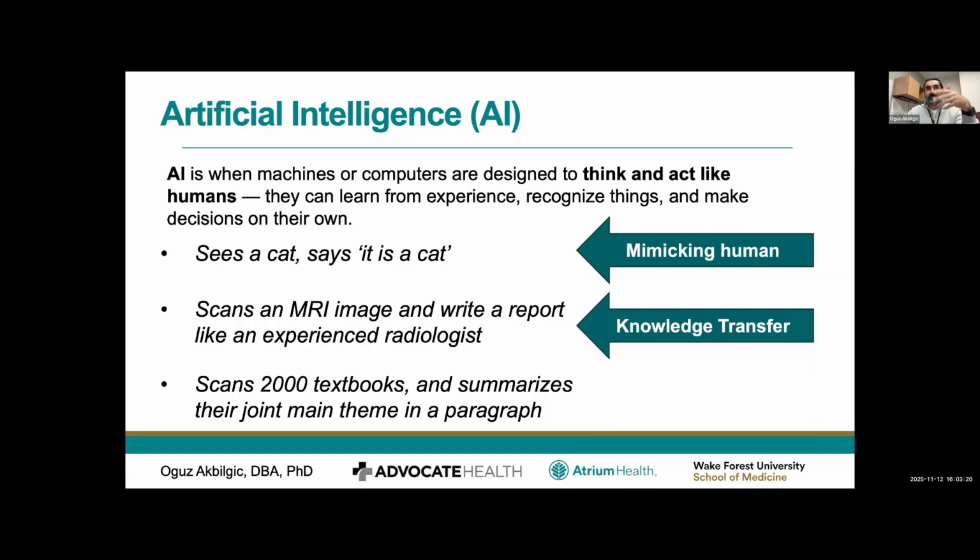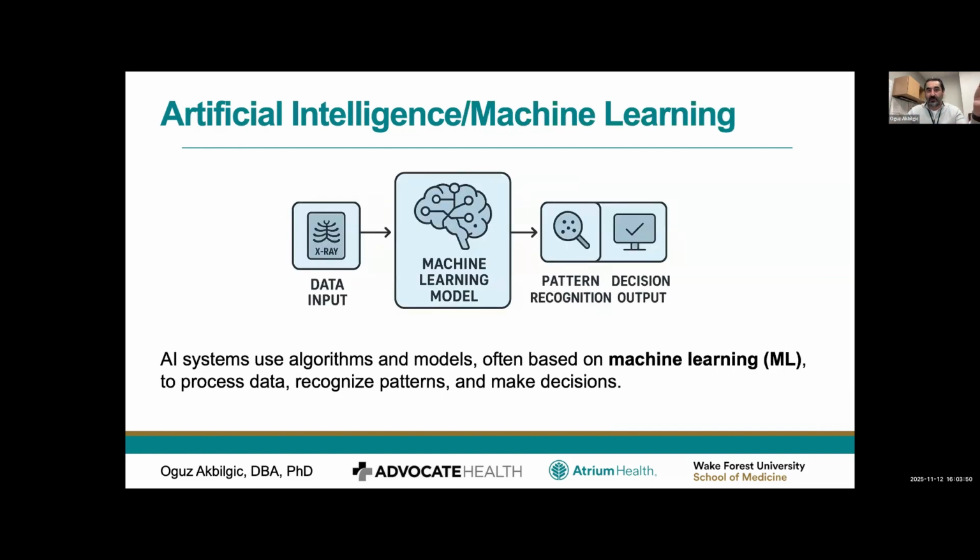In the next one, we are asking AI to do what not necessarily an average radiologist, but a very experienced, seasoned radiologist can do, so that this can help with knowledge transfer. But now, with the help of AI, we are able to exceed what humans can do, like scanning thousands of textbooks in a fraction of a second or minutes and summarizing them, which is way above what we can normally do.